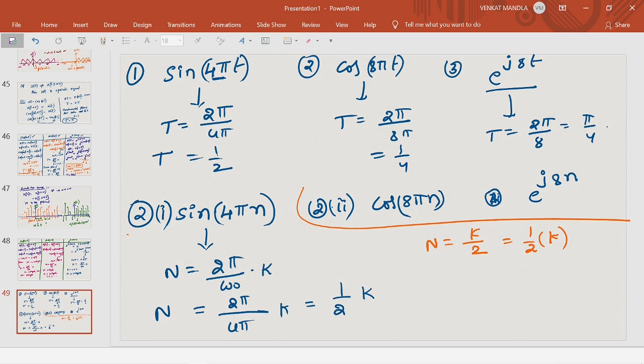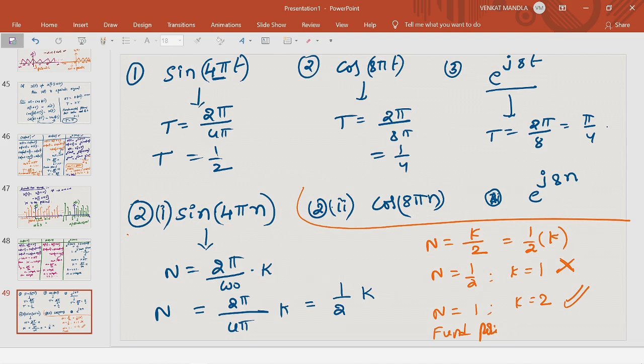Suppose k equal to 1. If you substitute k equal to 1, you get n equal to 1 by 2, but n is not an integer. N equal to 1 for k equal to 2. Here n is an integer. So what is the fundamental period?